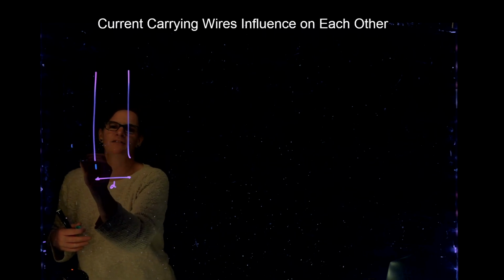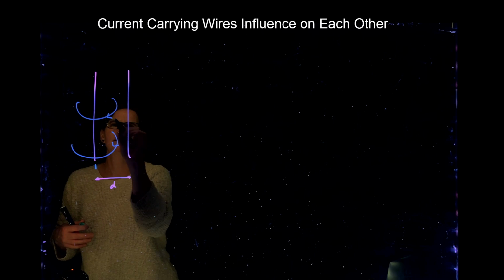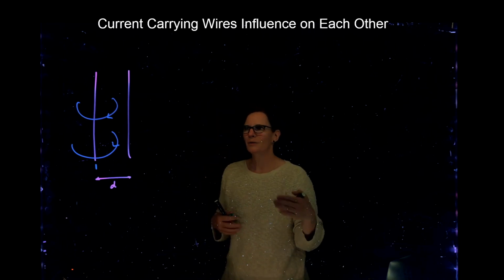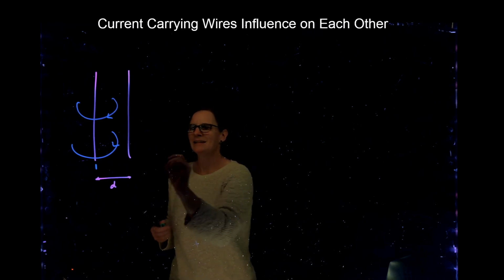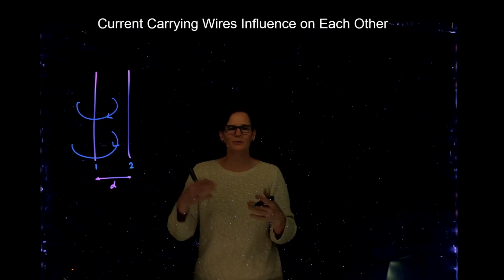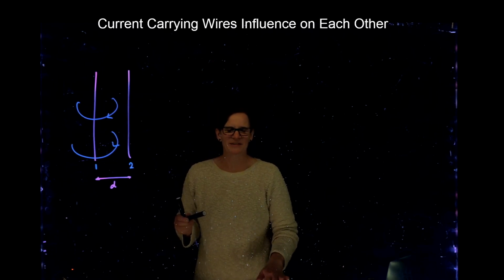So that magnetic field has wire number 2 in it. Now, if wire number 2 is carrying a current, it has to feel a force due to that magnetic field. Let's flesh this out for a second.